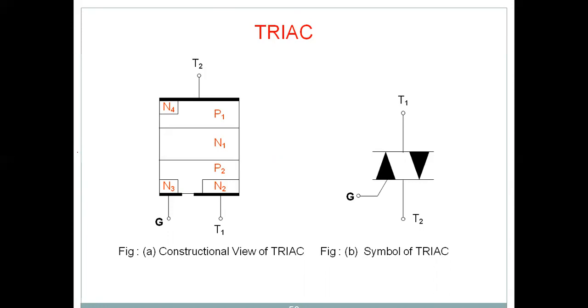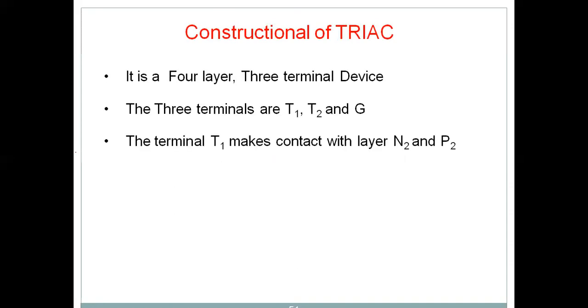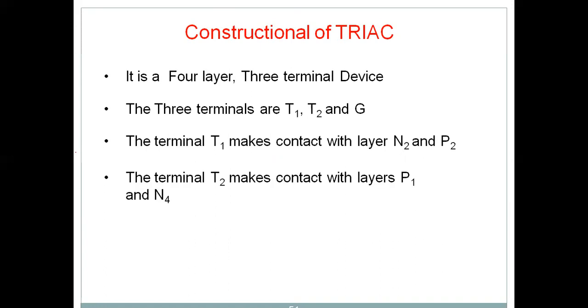Since TRIAC is a bidirectional device, the operating characteristics are similar in the first and third quadrant. If the gate signal is not applied, the breakover voltages are VBO1 and VBO2, and if the gate current is increased, the breakover voltage is reduced.